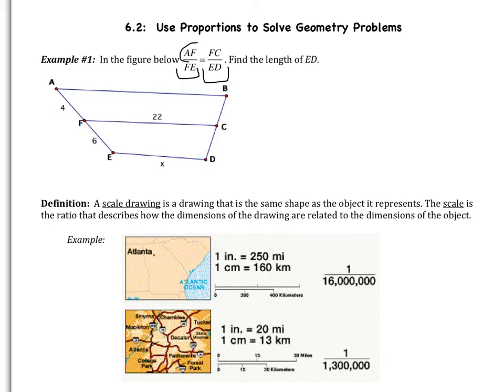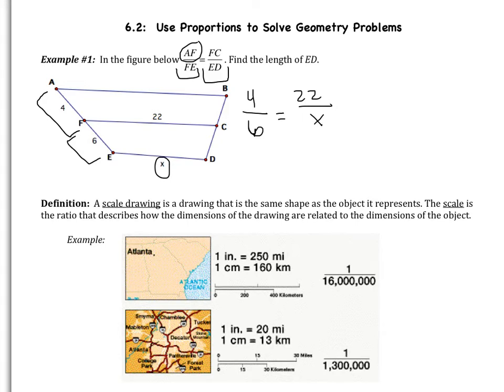Okay, so AF, well, on my figure, AF is 4. So this is 4 over FE, which is 6, equals FC, which is 22, over ED, which is x.